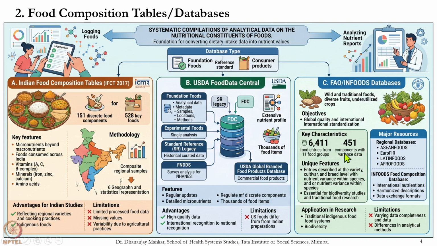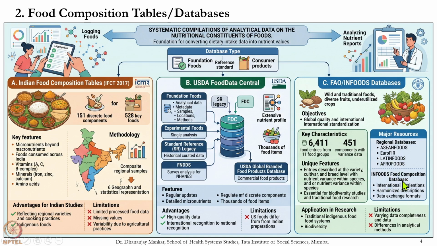The unique features give variability in terms of cultivation and breed levels, with nutrient variance and specifics. It is essential for biodiversity studies and traditional food research. So it is more research-oriented, and the regional databases are Asian foods, EuroFIR, Latin foods and Afro foods for African countries.